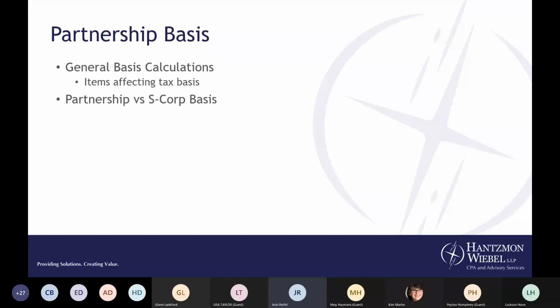Like I said, partnership basis, not really an advanced issue necessarily, but it's going to form the foundation of some of the things we're talking about. So in general, partnership basis is going to be the value of property contributed to a partnership, whether that be cash or other forms of property, marketable securities, tangible property, real estate, etc. Actually, Josh, not the value of property.